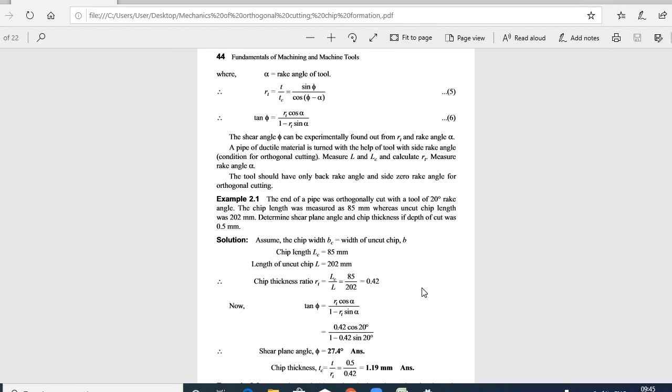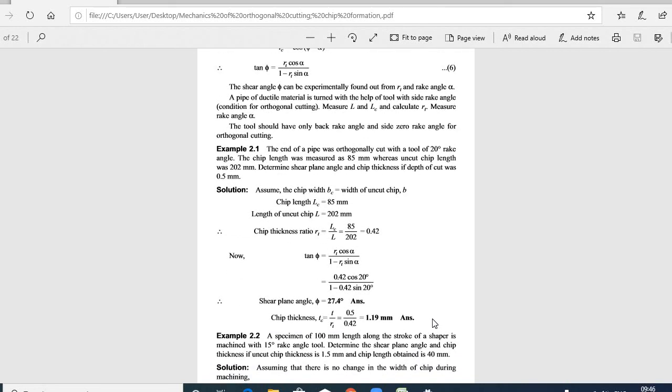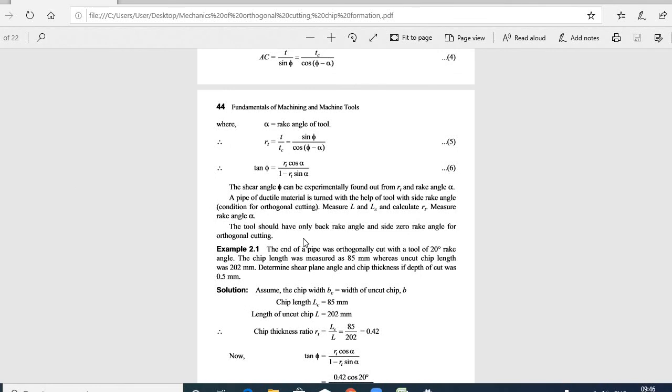Shear plane angle phi is equal to 27.4 degrees. Chip thickness t_c is equal to t by r_t, that is 0.5 divided by 0.42, that is 1.1 mm. Okay, with this we end up.